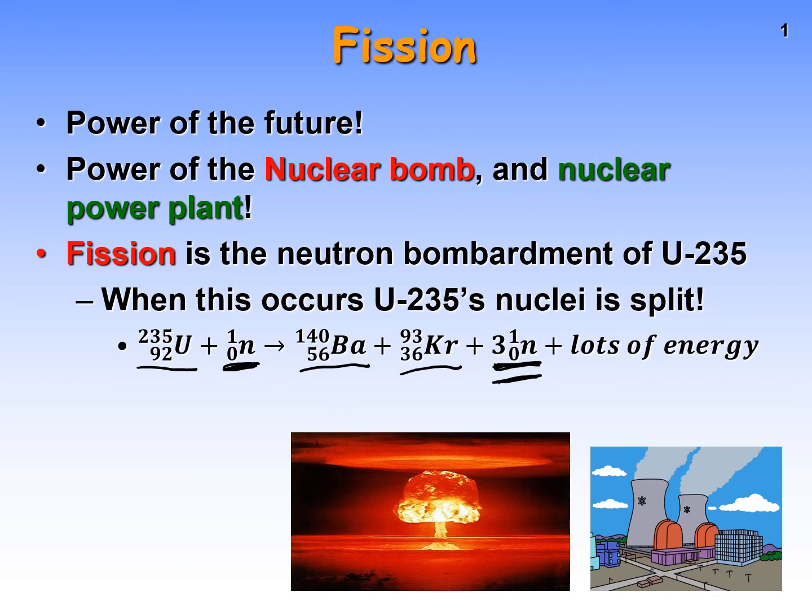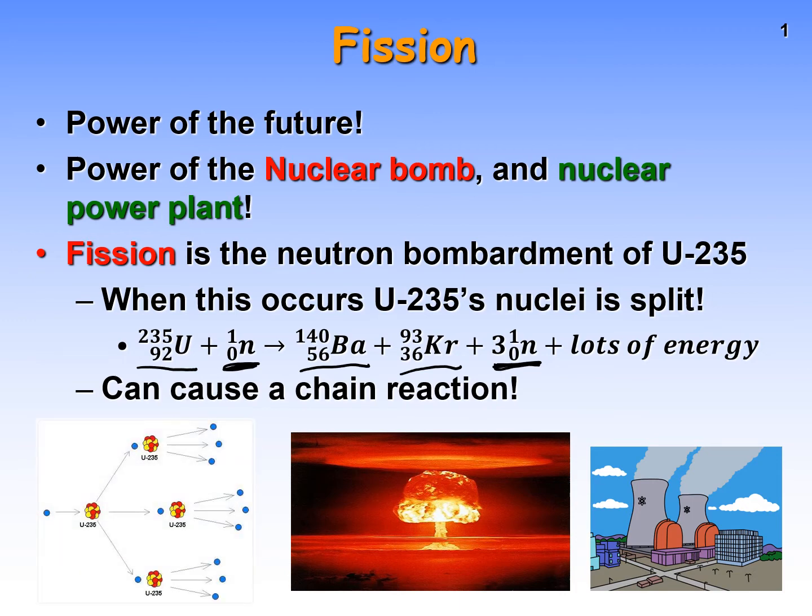So if we look at this equation, one of the things that is really important here is we used 1 neutron, we got 3. This can cause what we call a chain reaction. Because we're forming 3 more neutrons, and we usually don't have a single atom of uranium-235 in our sample, those other 3 neutrons can run off and hit 3 more nuclei of uranium-235, which will then blow apart and form 3 more neutrons each, which then, this ramps up pretty quick, right?